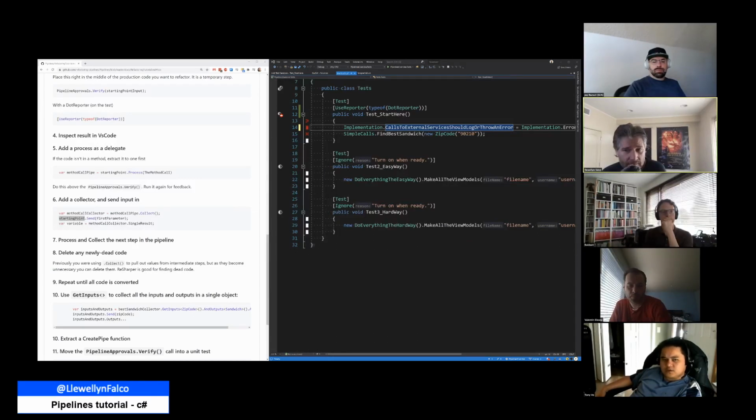True, yeah. For this specific tutorial, it is useful because we do it step by step. When I'm doing this in legacy code, it's more useful. So if you look ahead a little bit, you'll see number 11 is actually move the verify call into a unit test. So after you do the refactoring, you move it into a unit test.